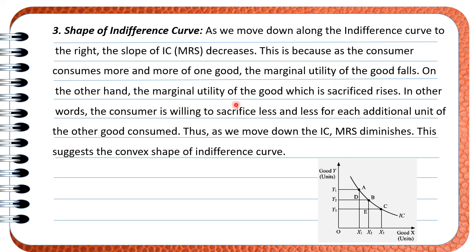The marginal utility of the good which is sacrificed rises. It means that the consumer is willing to sacrifice less and less for each additional unit of the other commodity. Because of this, the marginal rate of substitution is decreasing. As a result, the shape of the indifference curve is convex to the origin.